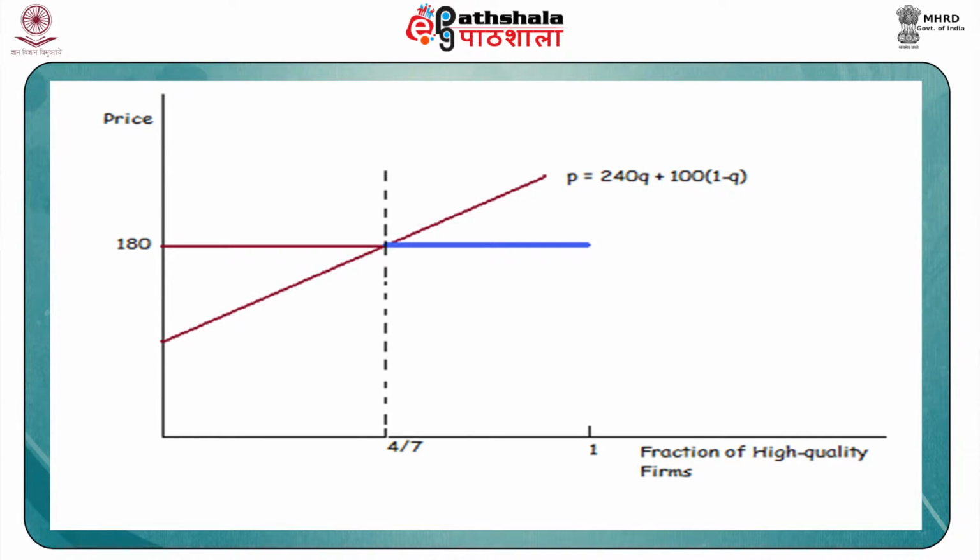In this market, the equilibrium price is rupees 180, but the value of the average umbrella to a consumer can be anywhere between rupees 180 and rupees 240 depending on the fraction of high quality producers. Any value of Q between 4 by 7 and 1 is an equilibrium.